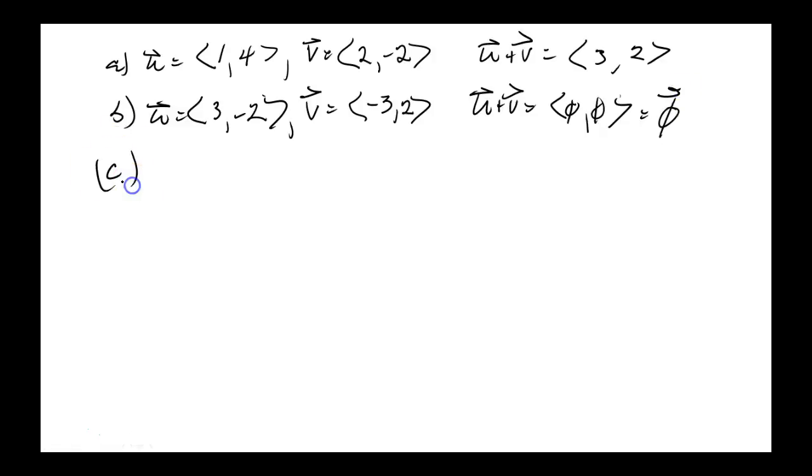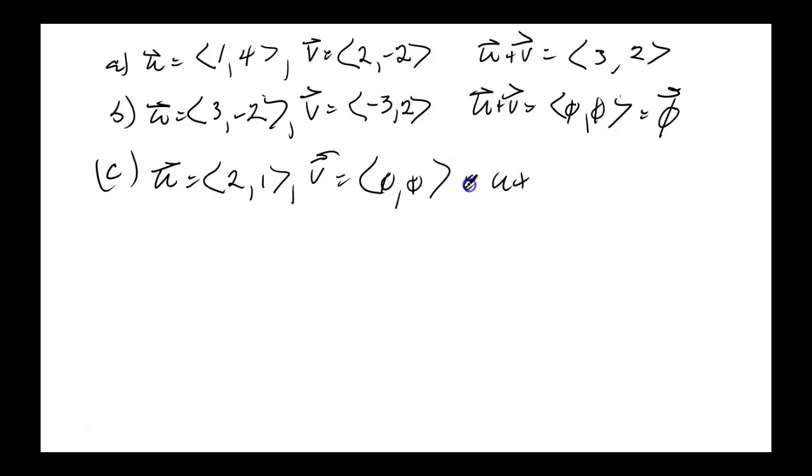And C, U equal 2, 1, V equal 0, 0, U plus V would equal 2, 1, which of course is U.